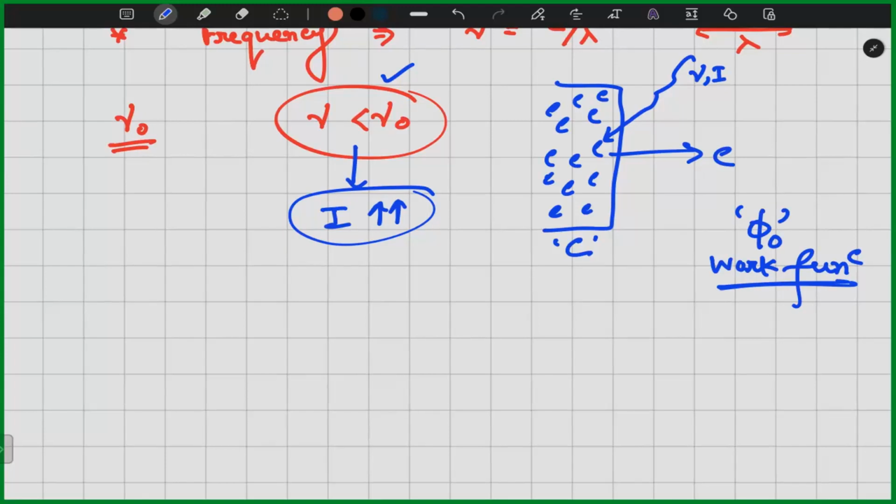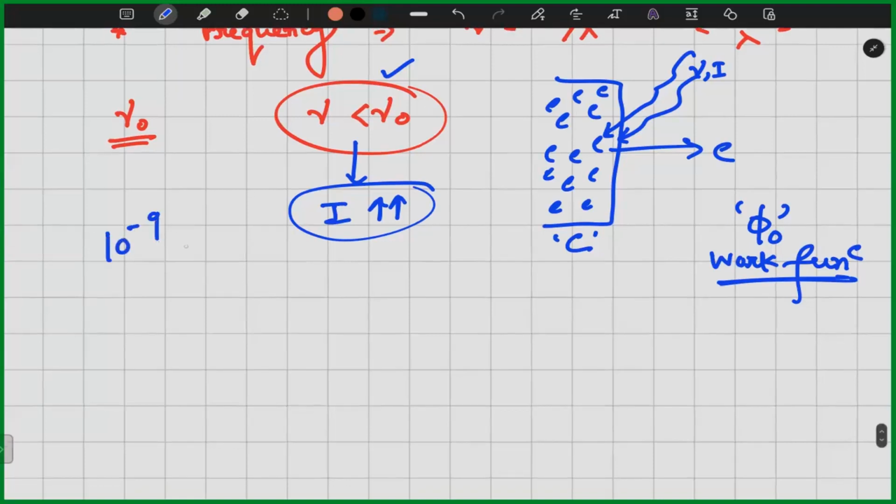And again, if we consider light as a wave, it is irradiated on the metal surface, energy is transferred to the electron, and using that energy, the electron is emitted from the metal plate. This is not an instantaneous process; it requires some time. But from our observation, we know that the photoelectric effect is a very instantaneous process.